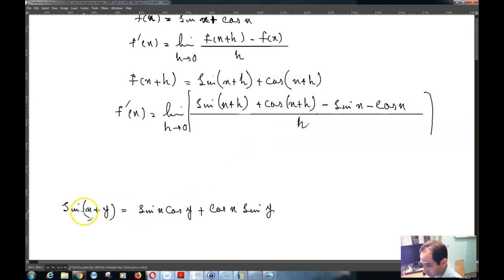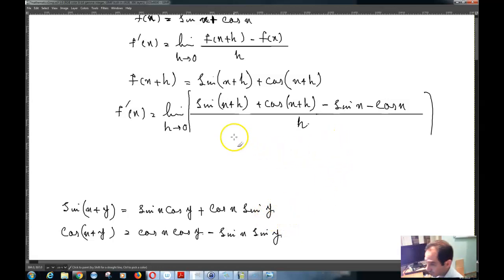And cos x plus y is equal to cos x cos y minus sin x sin y.